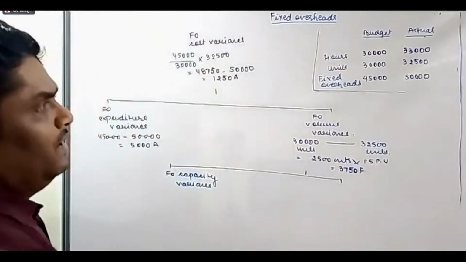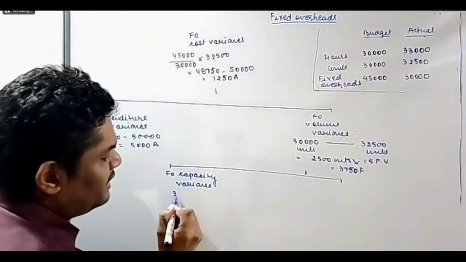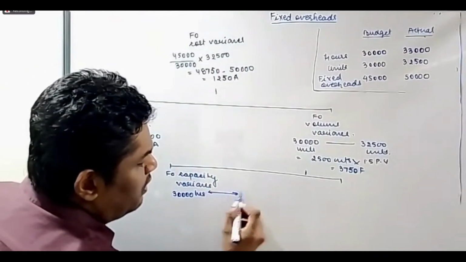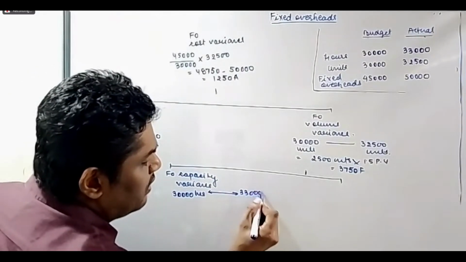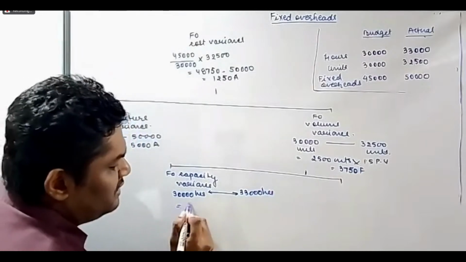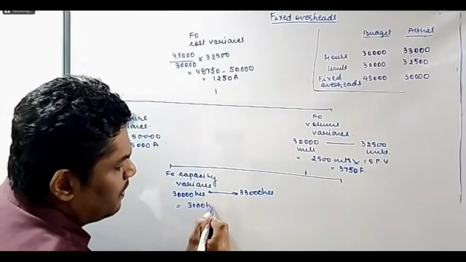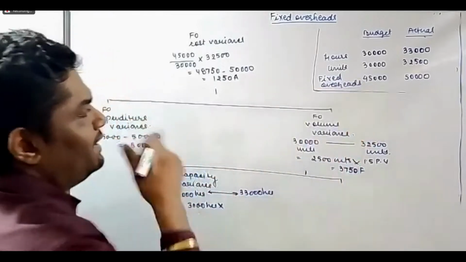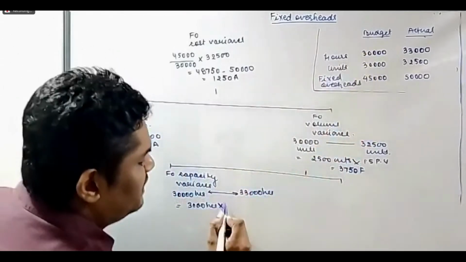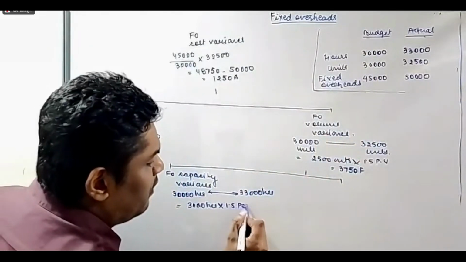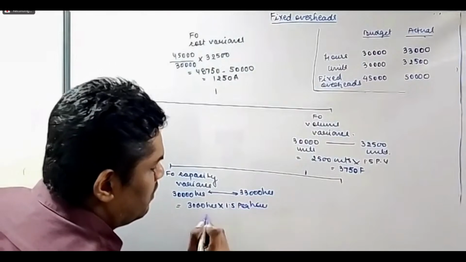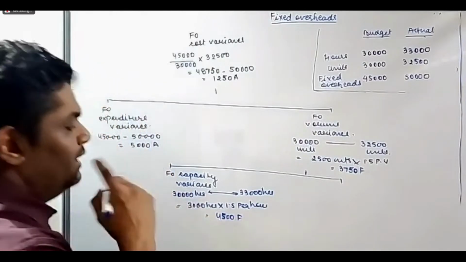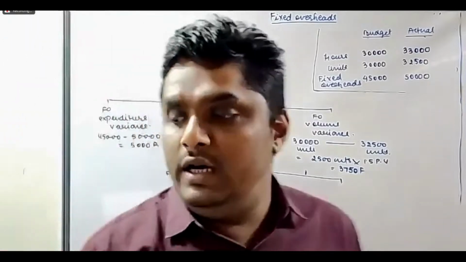So straight away, our capacity was 30,000 hours. We worked for 33,000 hours. That is 3,000 hours above my capacity into the rate per hour, that is 45,000 divided by 30,000, that is 1.5 per hour. So this will be 4,500 favorable since we worked above our capacity.